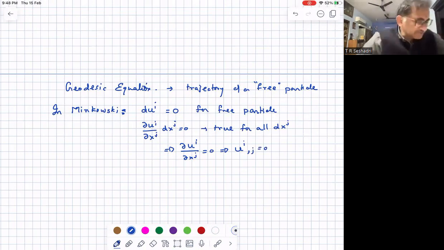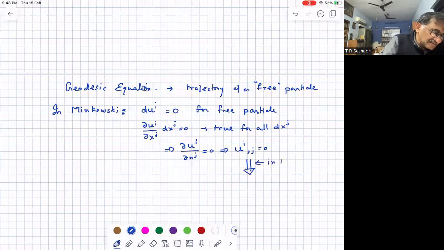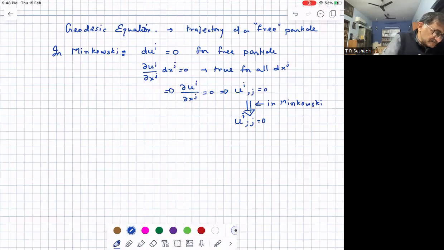Can you now guess what I will do? u^i_{;j} equal to 0. Yes. So this implies in Minkowski, u^i_{;j} equal to 0. This is a tensor equation.